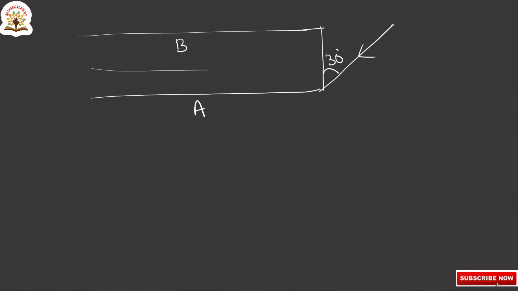So here n, this is nx, and this makes an angle, this is the angle of reflection. Whenever the incident ray touches the point A and reflects, this is the reflected ray, making an angle here also 30 degrees.